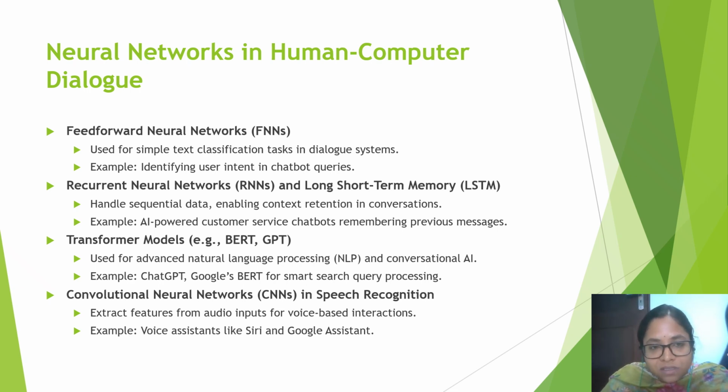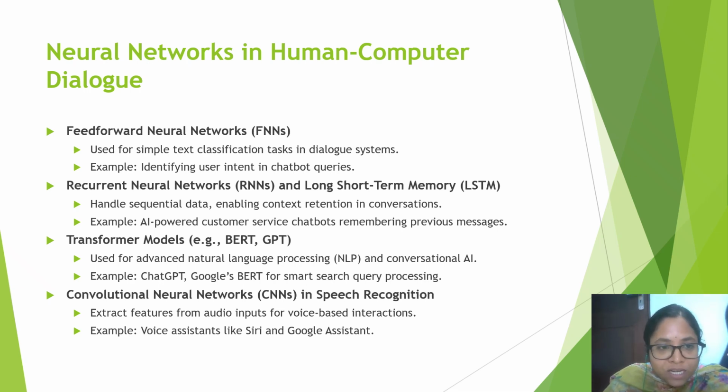The difference is the way we train the networks, what activation functions we use to train the network, and in what way we update the weights. These features differ in the advanced neural networks, and these are some of the neural networks we use in human-computer dialogues.